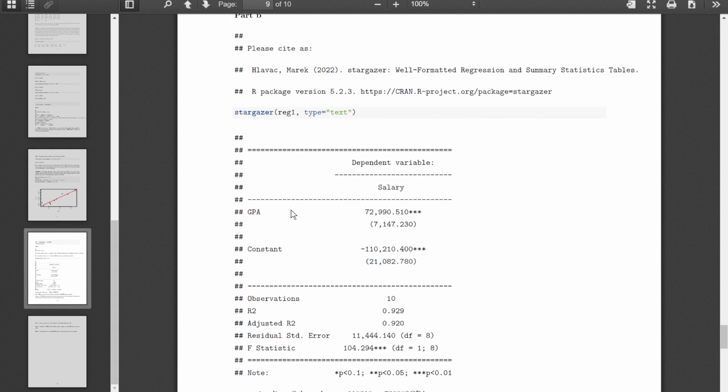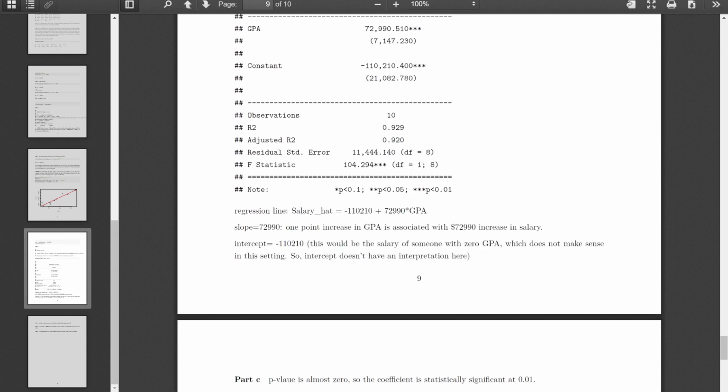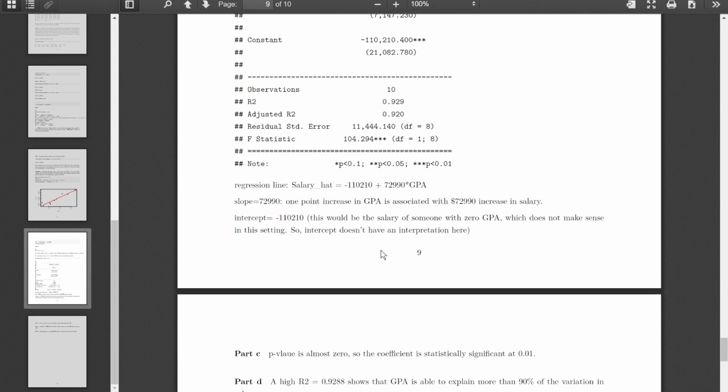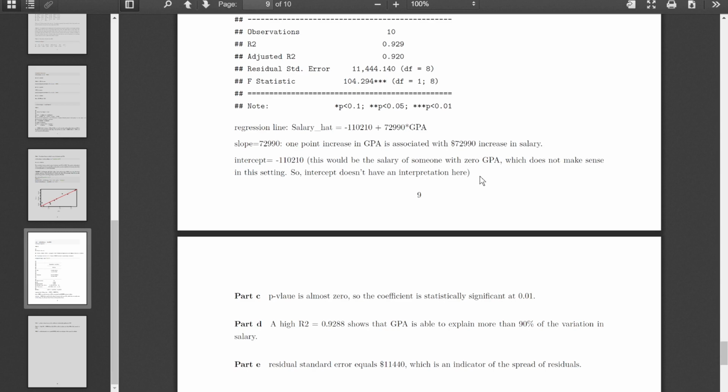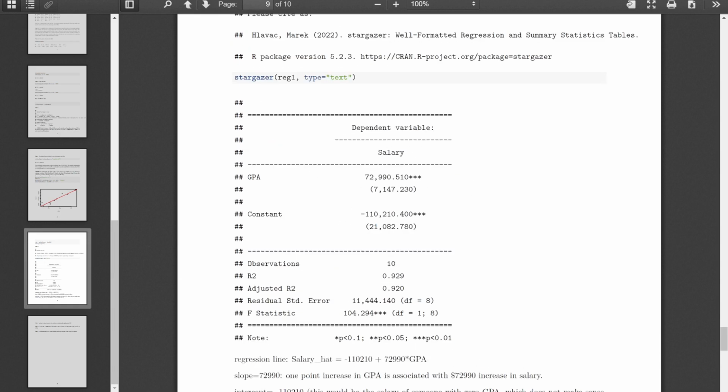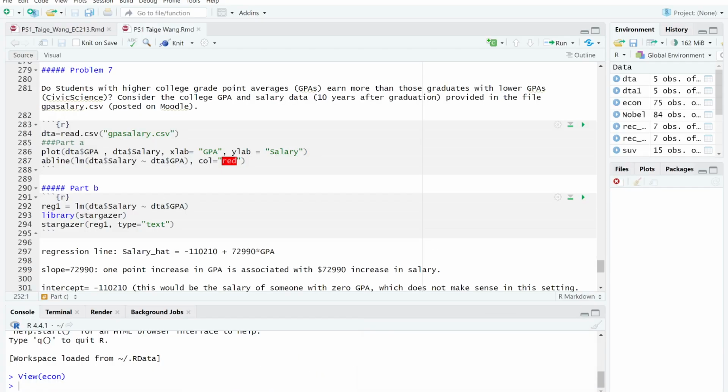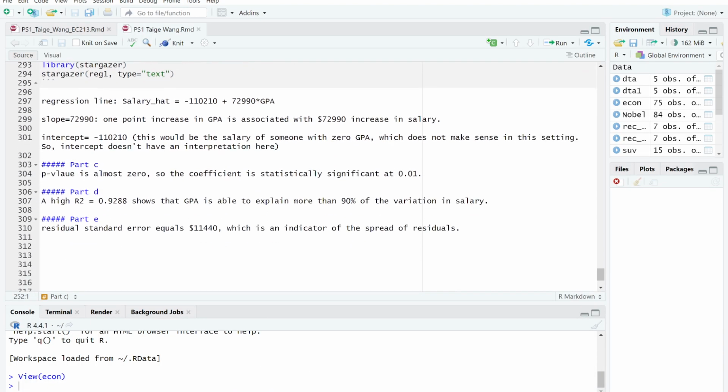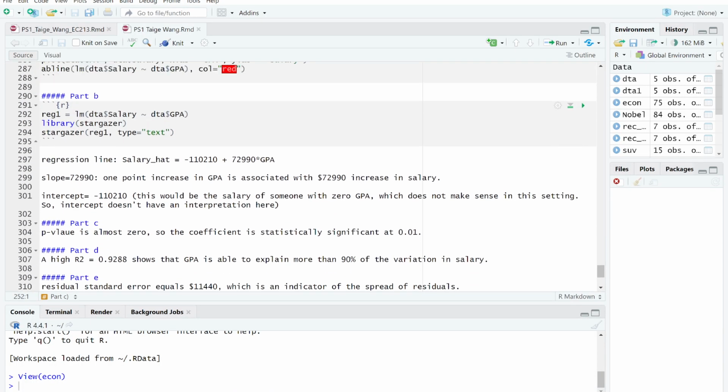Just use Stargazer. Very good. And you can type your regression line here, right? You can type your answer here, just below your coding block.